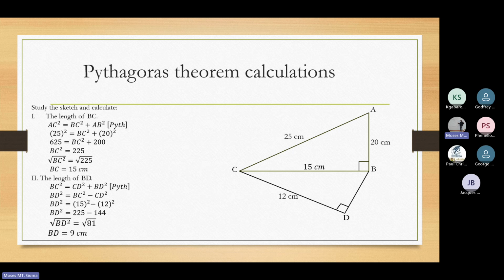Moving on, we substitute. AC squared is 25 centimeters, 25 squared, equals BC squared, we are looking for, plus AB squared. Now, when we simplify it, 25 squared is 625 and 20 squared is 200.